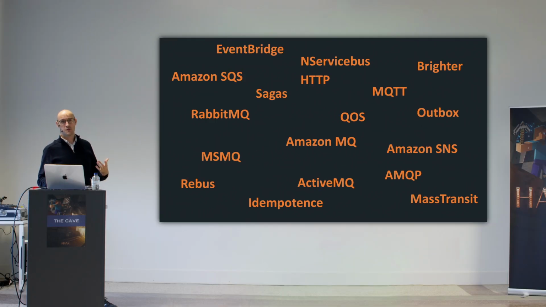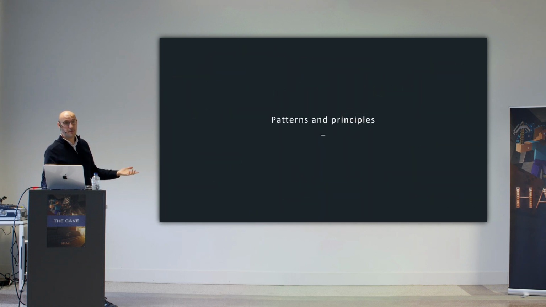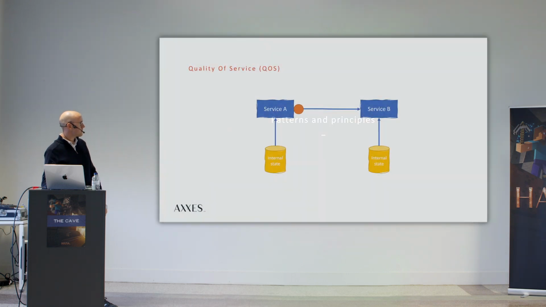And if you're starting to work with asynchronous communications, it might be a little bit overwhelming as well, because do I have to know all of them before I can start with it? Well, let me try to explain some of them. The first ones I would like to introduce are what I call more patterns and principles.